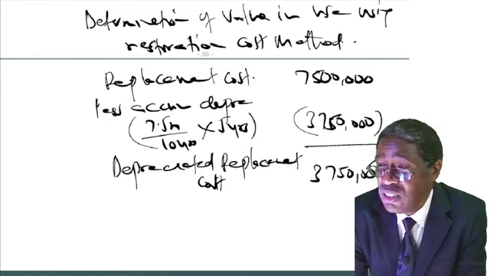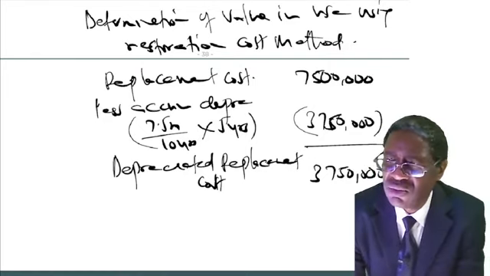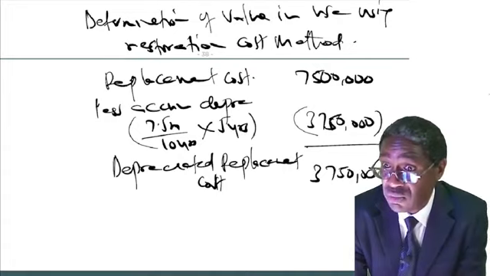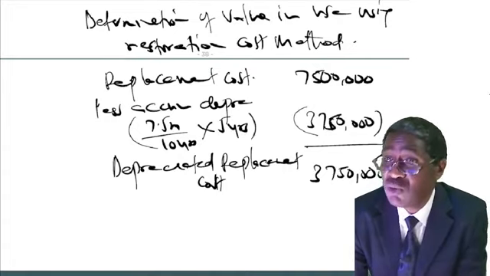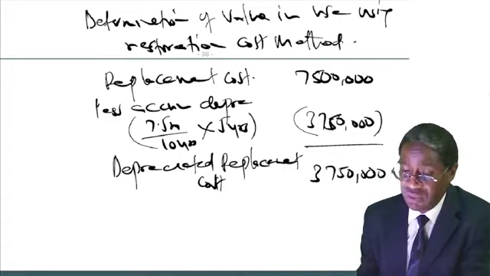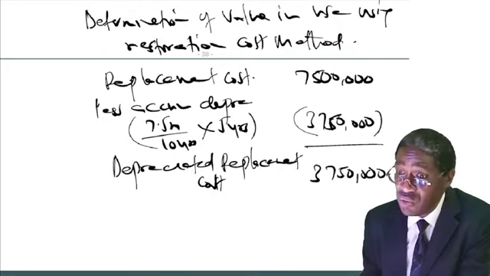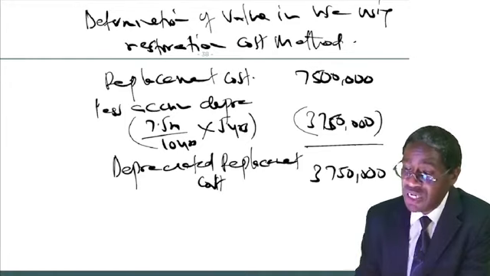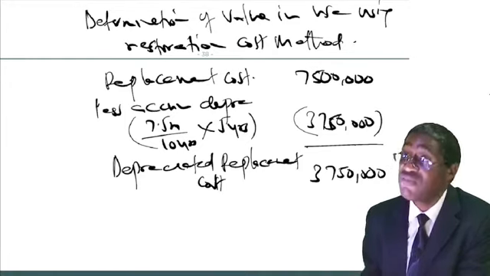Meaning, there is no net realizable value. So if we were using the depreciated replacement cost, then the recoverable service amount would be 3.75 million. Comparing with the net realizable value of 0, the recoverable service amount would be 3,750,000.